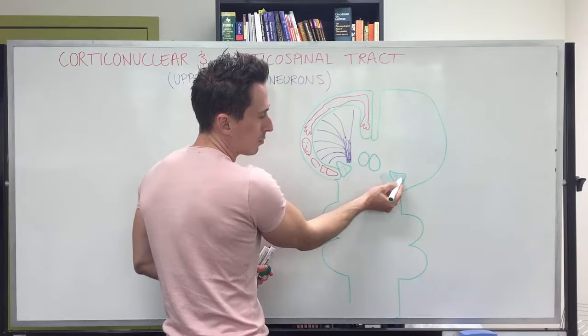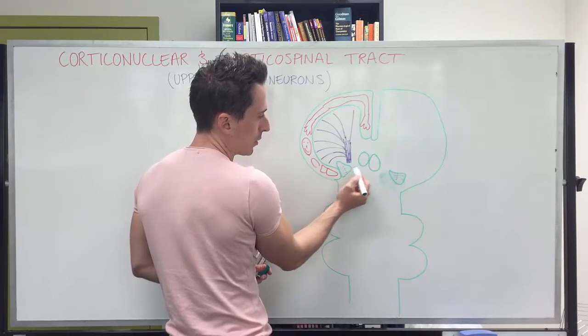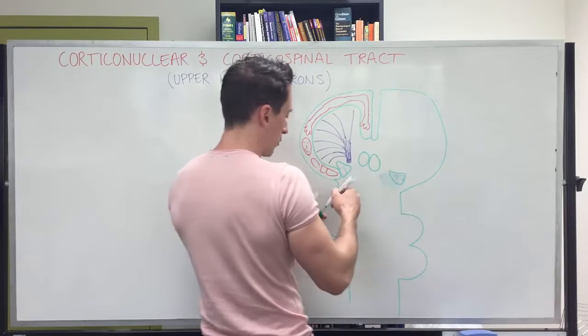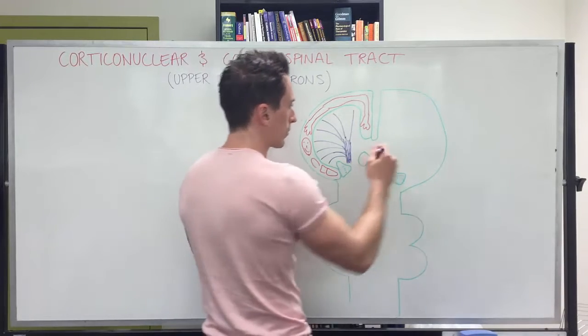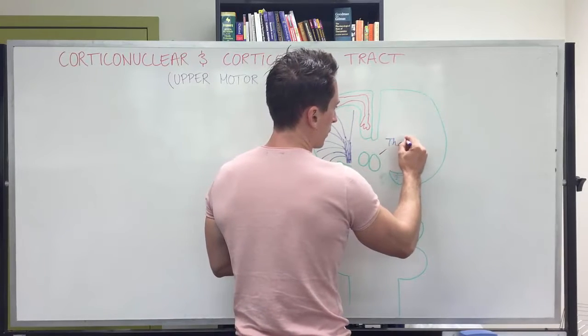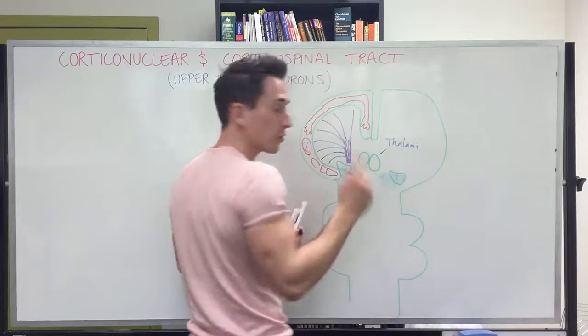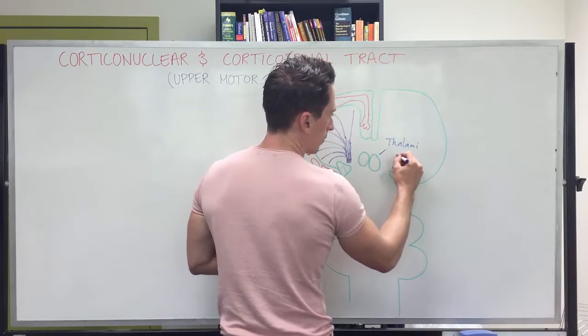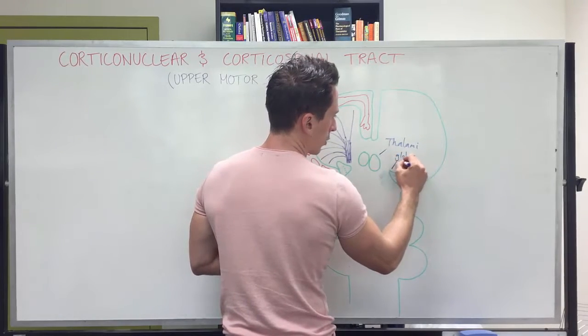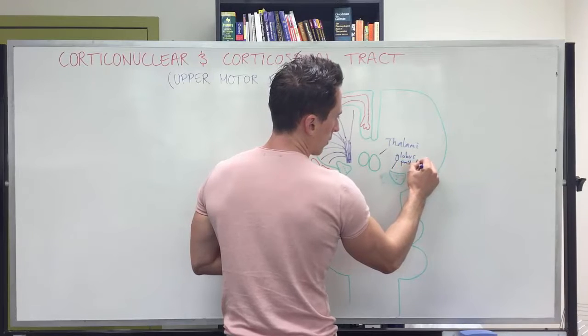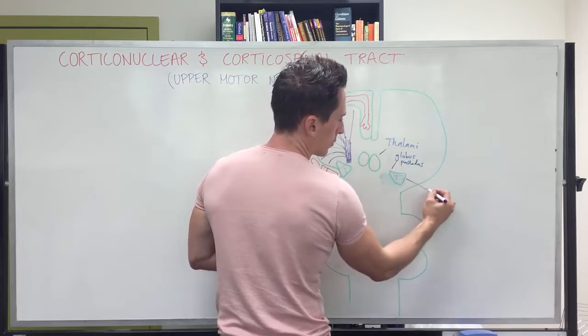Globus pallidus, putamen, globus pallidus, putamen, and they're the thalami. Let's write them up just so you're aware. Thalami, two thalamus, globus pallidus, and this one is putamen.